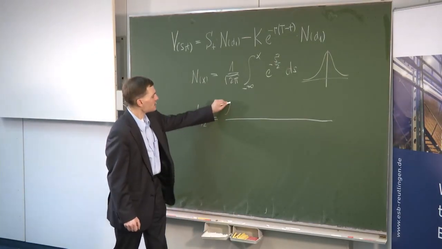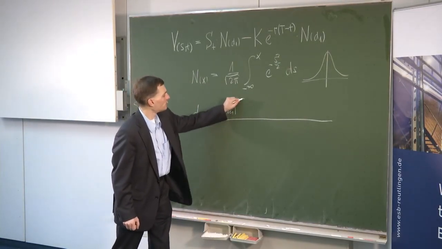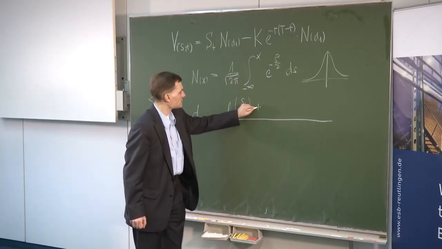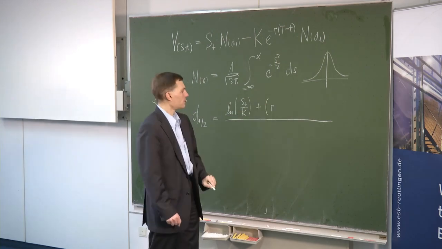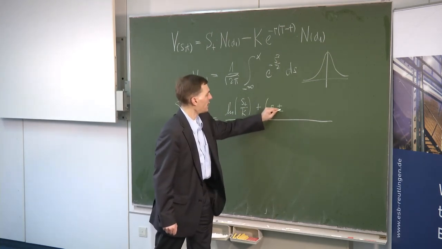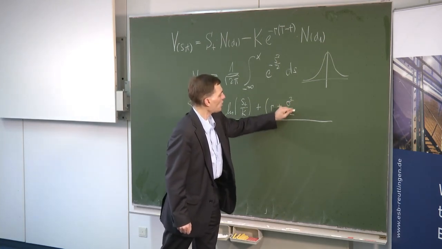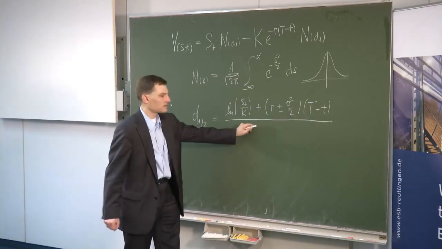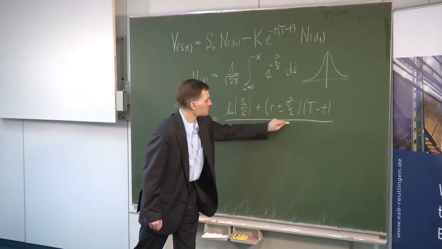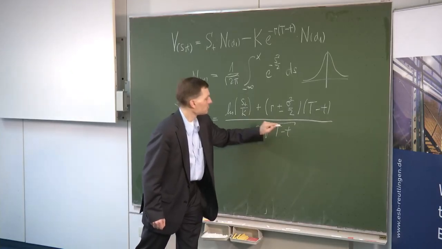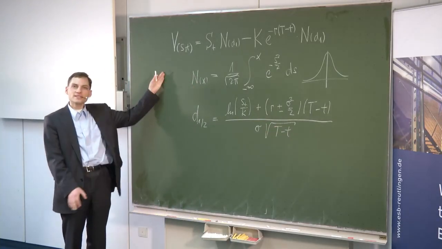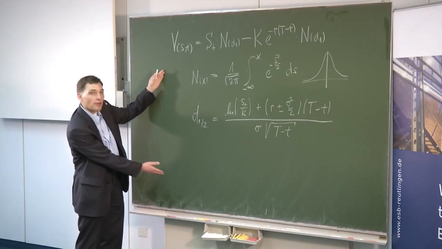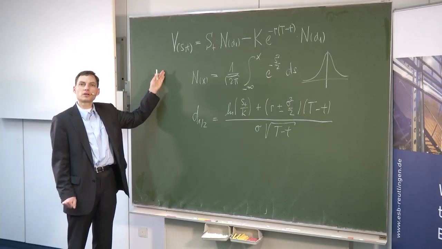It is the natural logarithm of the stock price in period t divided by strike price K, plus r, the risk-free interest rate, plus minus sigma squared over 2, times the bracket T minus t, and in the denominator we have sigma square root of T minus t. This is the solution of the Black-Scholes equation we derived earlier on the bottom of the previous blackboard.